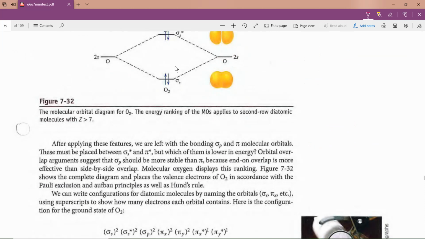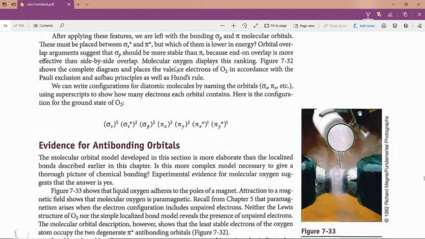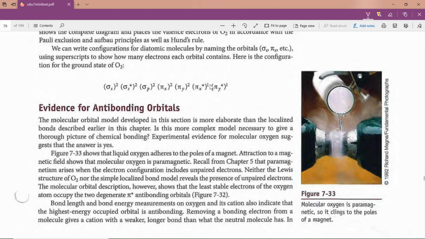Okay, if we wanted to write the electron configuration for the valence, I could do it like this: 2, 4, 6, 8, 10, 12. Right, this is the valence. So sigma S2, sigma S star 2, sigma P2, pi X2, pi Y2, pi X star 1, pi Y star 1.